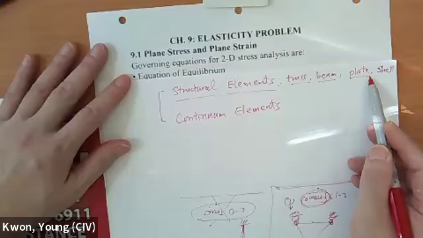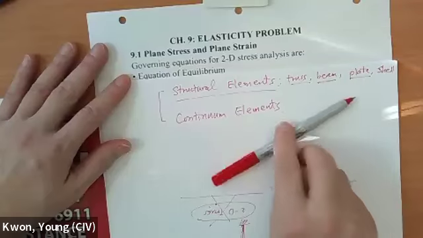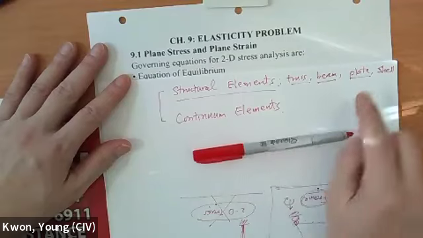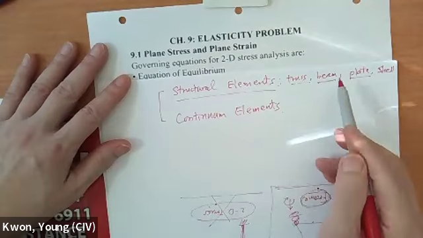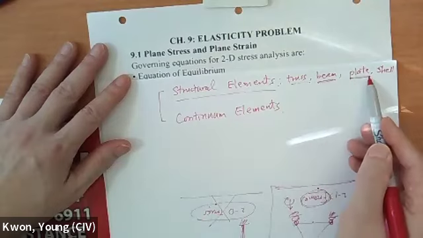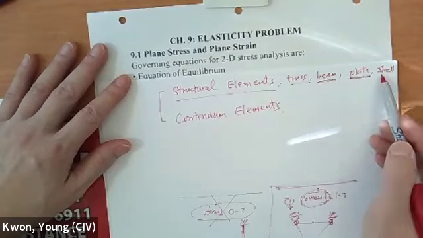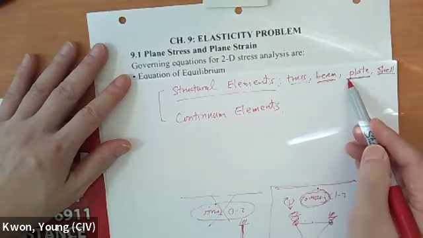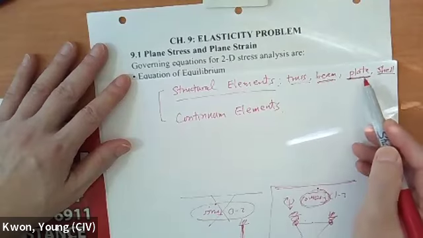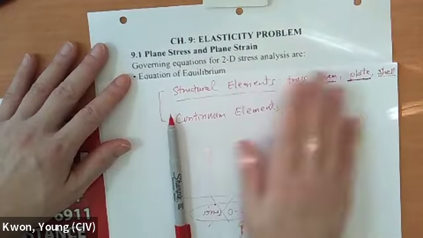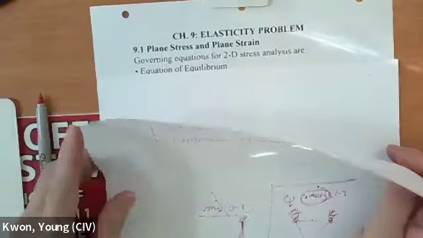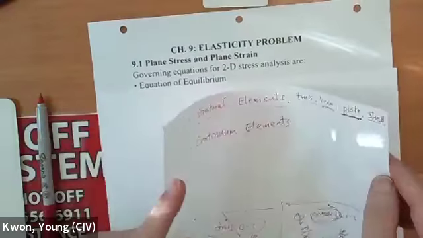Beam is going to be a one-dimensional problem. Plate is going to be two-dimensional geometry. So extension of 1D to 2D in terms of geometry, that's plate. And shell is the extension from plate. Plate is the flat surface, and shell means any curved surface like this.